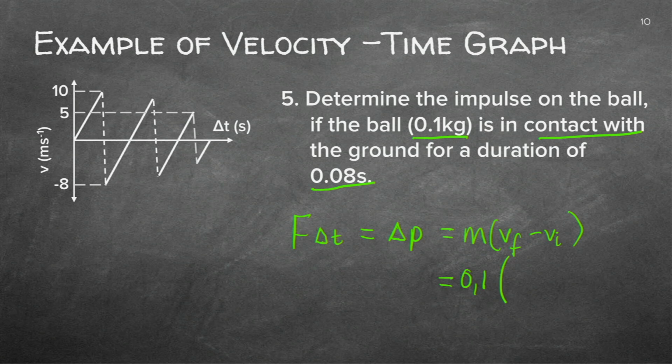I know that final velocity here is minus 8 minus the starting velocity, which is 10, and you'll now get an answer of minus 1.8. And remember, the unit of impulse is Newton times second, and we can say it's upward.